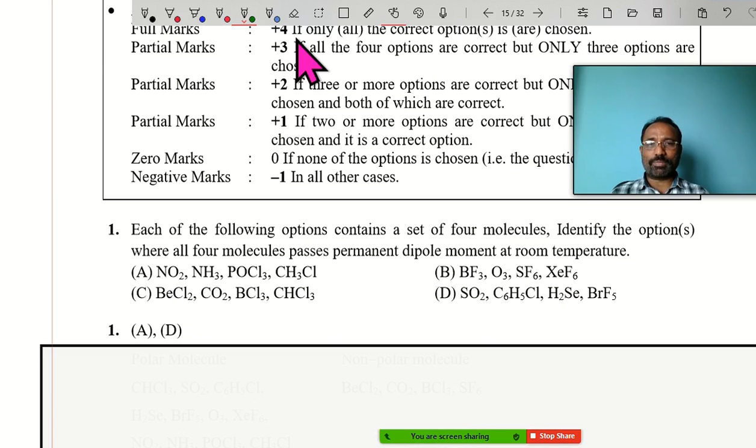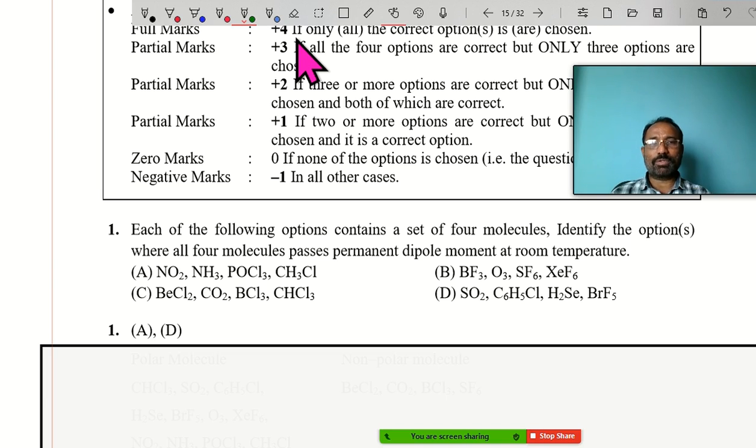Which of the following options contains a set of 4 molecules? Identify the options where all 4 molecules possess a permanent dipole moment at room temperature. First we need to know which molecules show a permanent dipole moment.